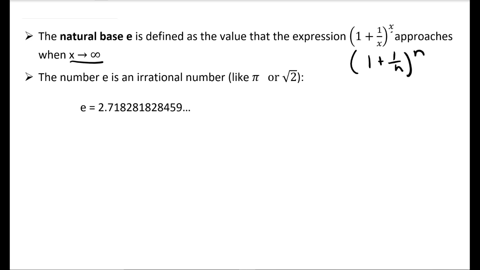But as the number of compounding periods increases, this formula approaches 2.718 dot dot dot. So 1,000, 1,000,000, 1,000,000,000 times, it'll still approach 2.718. And this number is called e, and e is kind of like pi. It's an irrational number.